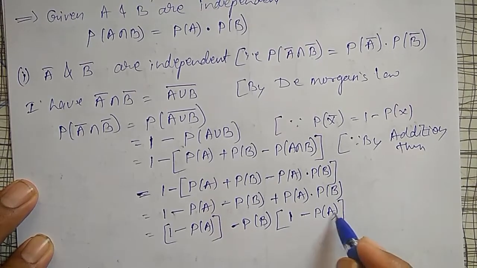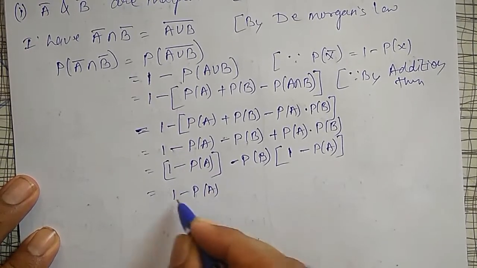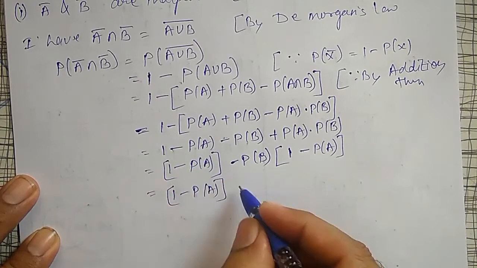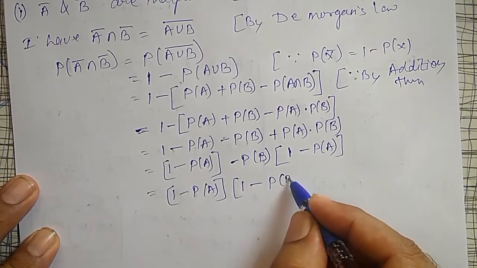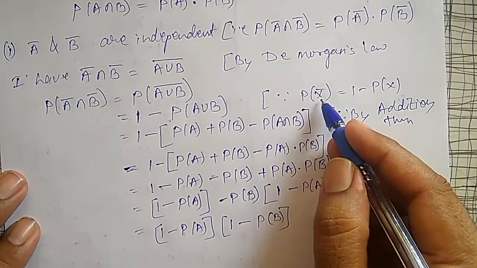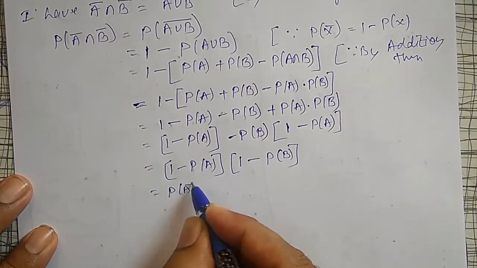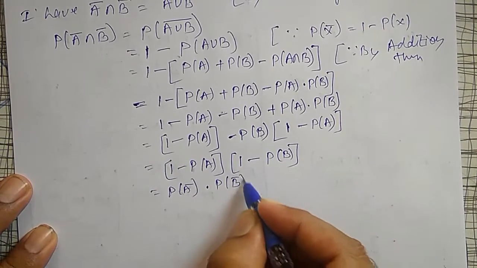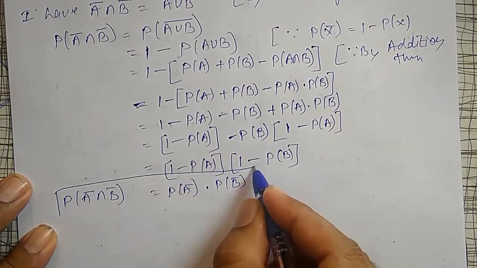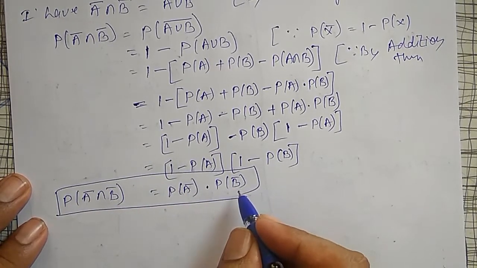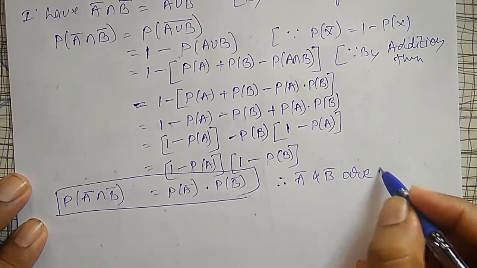Therefore, again 1 minus probability of A I can take common, and this will remain as 1 minus probability of B. And using the definition probability of x bar equal to 1 minus probability of x, this can be written as probability of A bar into probability of B bar. Therefore, probability of A bar intersection B bar equals probability of A bar into probability of B bar. Therefore, A bar and B bar are independent, I can say.